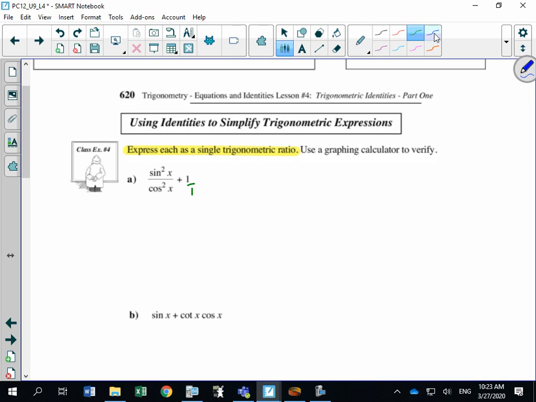I'm going to multiply the right-hand side by cos squared x, and what I do to the bottom, I do to the top. Now I've got cos squared x and cos squared x, so my denominator is now cos squared x, and my numerator is sine squared x plus cos squared x.